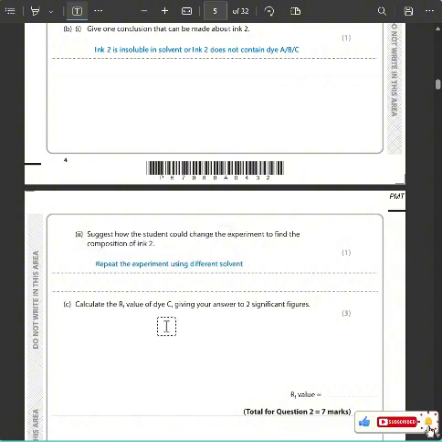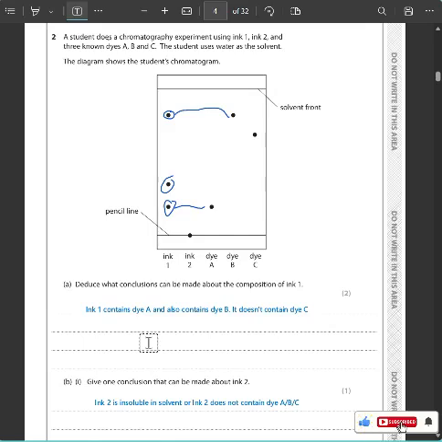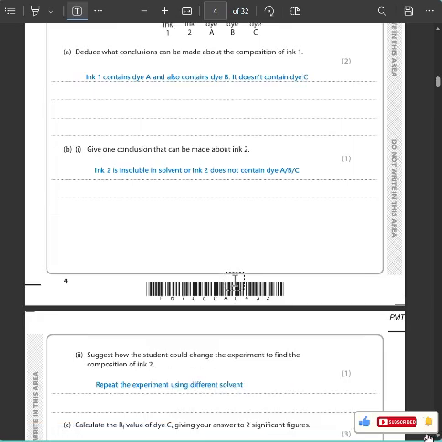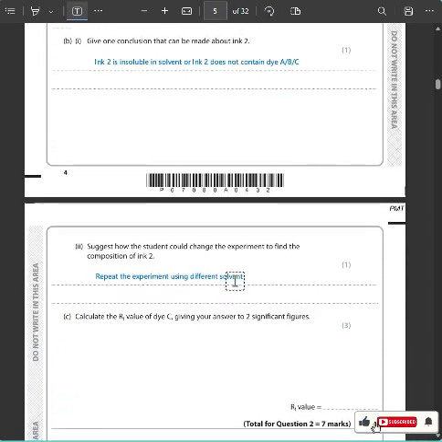Calculate the Rf value of dye C, giving your answer to 2 significant figures. We can note the answer if we print this paper, and we should do the calculation: distance moved by the spot divided by distance moved by the solvent front.